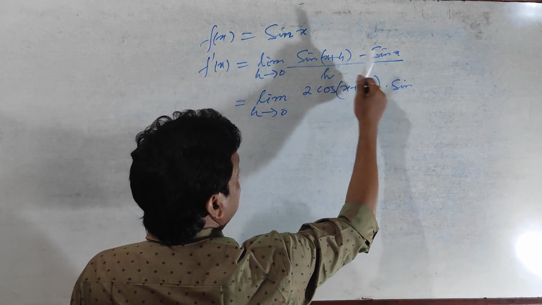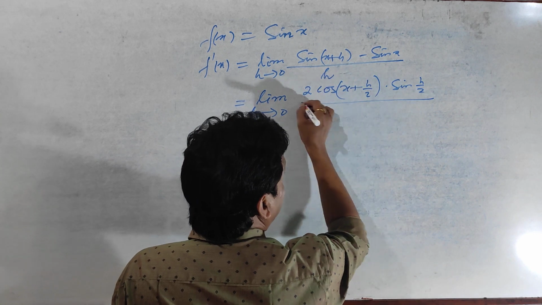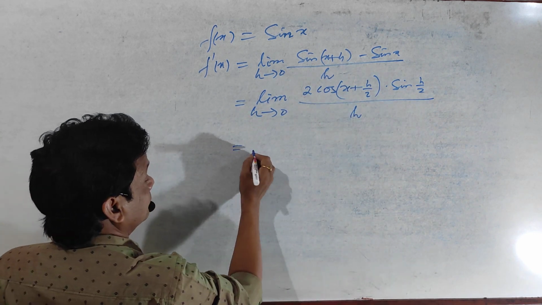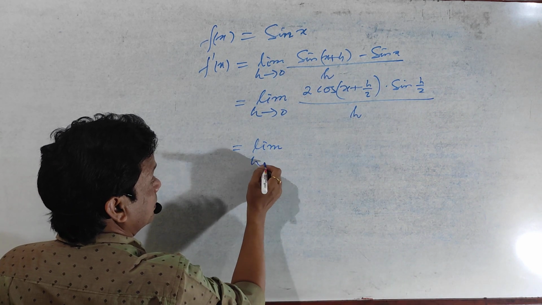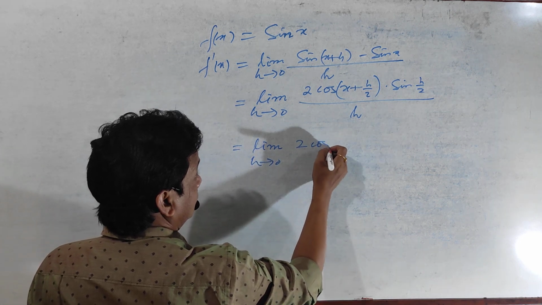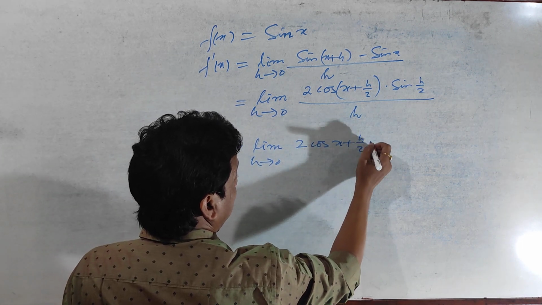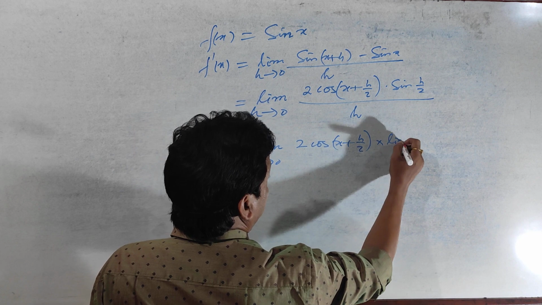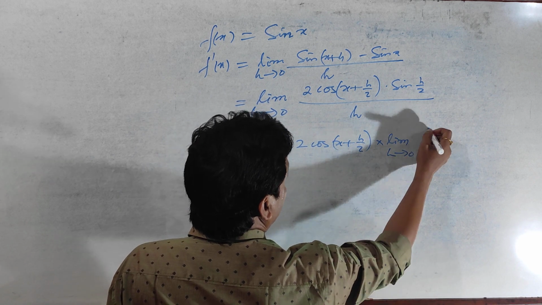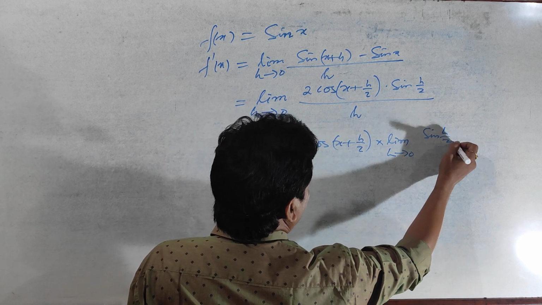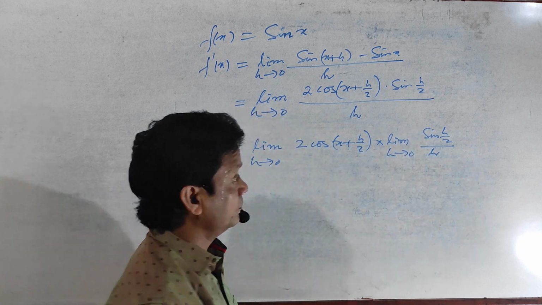The x cancels out, leaving h by 2, divided by h. And limit h tends to 0, cos of x plus h by 2, into limit h tends to 0, sin of h by 2 divided by h.